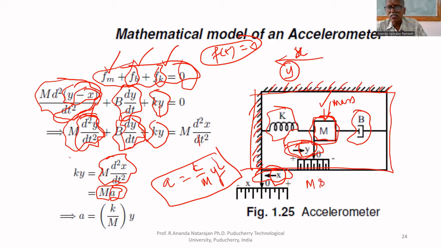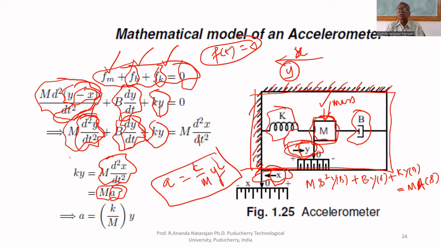m s square y of s, I am taking the Laplace transform, plus b s y of s plus k y of s equal to m a of s. d square x by dt square can be assumed as acceleration, a of s. What is the output? Acceleration is the output?